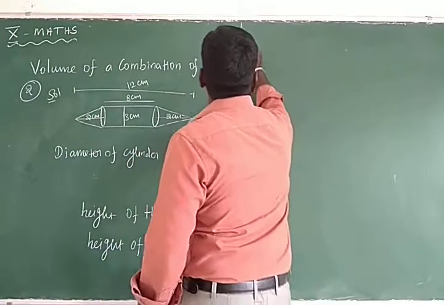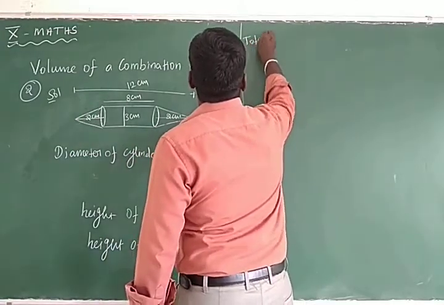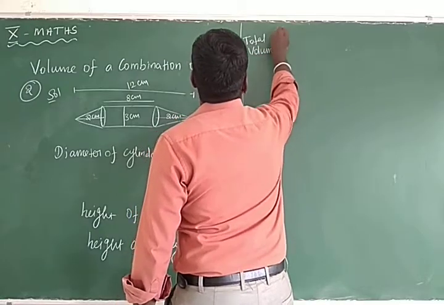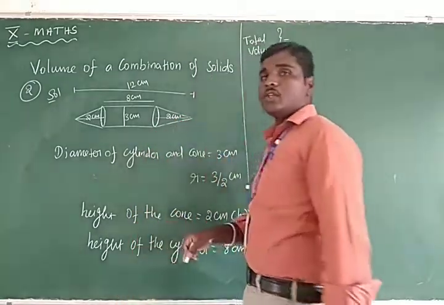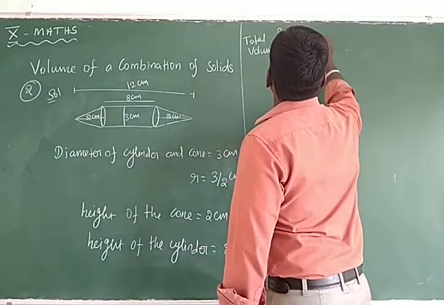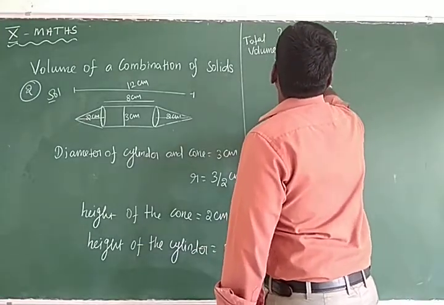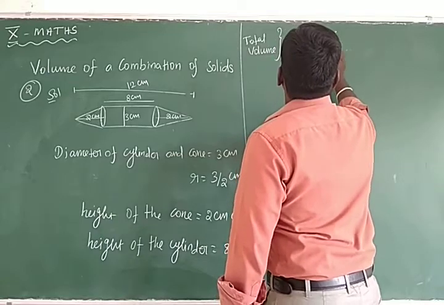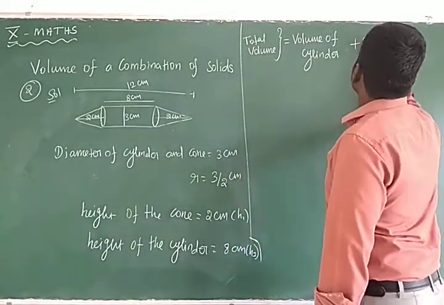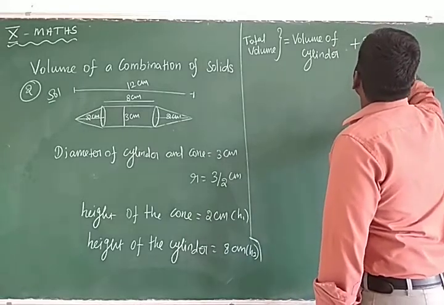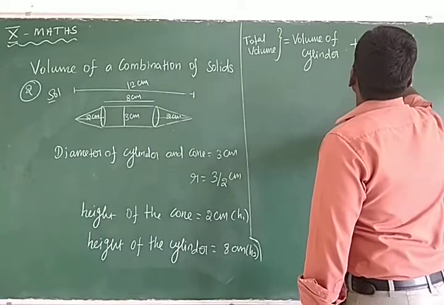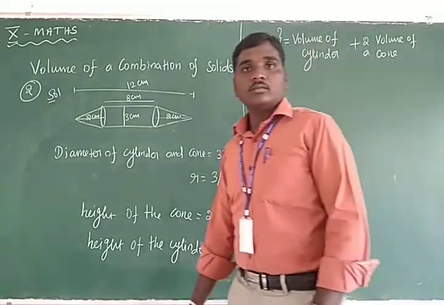So total volume is equal to volume of cylinder plus 2 times the volume of a cone. Are you clear?